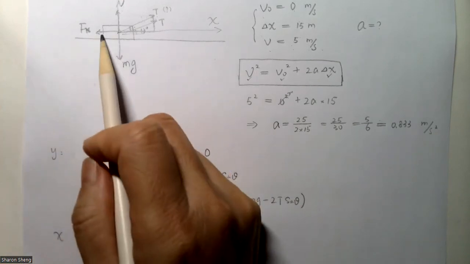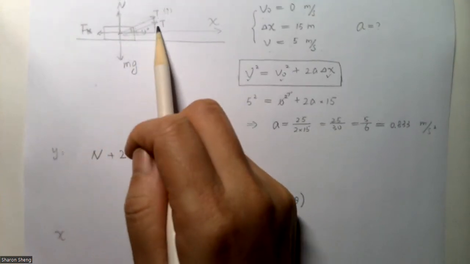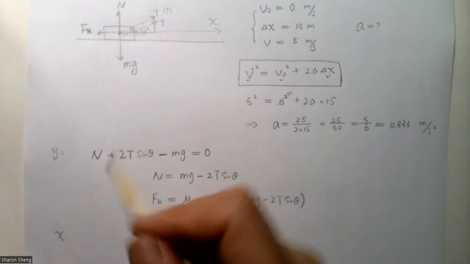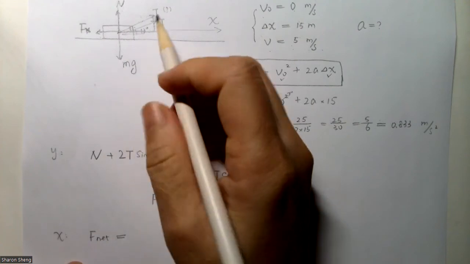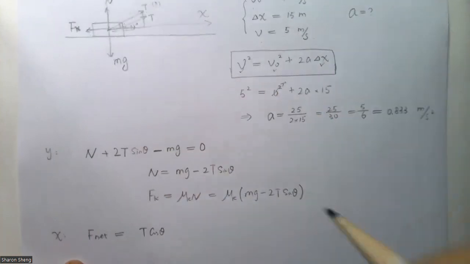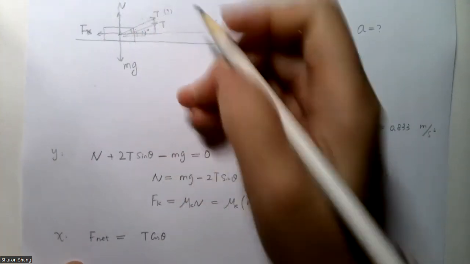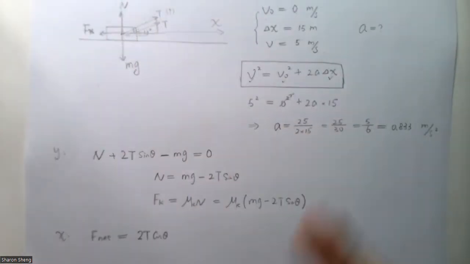Then we'll look at the x direction. How many forces are applied along the x direction? Two tensions and the friction force. So along the x direction, what is the net force? It equals T times cosine theta. This is the component from one T. Double it, we get the two tensions because there are two ropes pulling the sled.